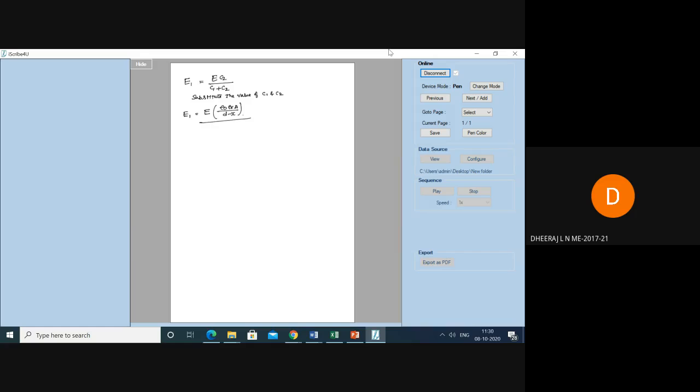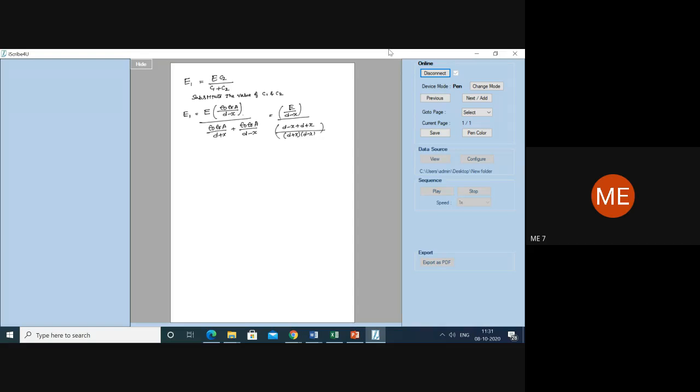Correct? So C1 is epsilon naught A divided by d plus x, and C2 is epsilon naught epsilon r A divided by d minus x. The epsilon naught epsilon r A will go away, so it is E by d minus x. We'll have d plus x into d minus x, so it becomes d minus x plus d plus x. Am I right?